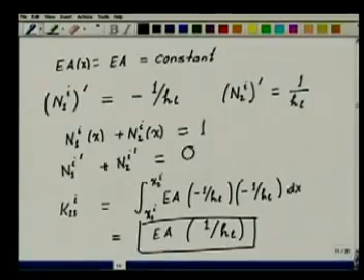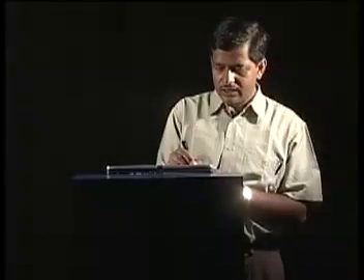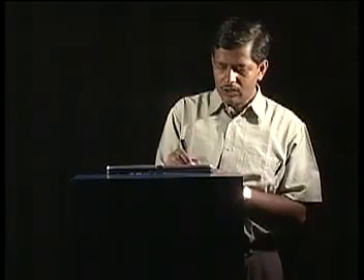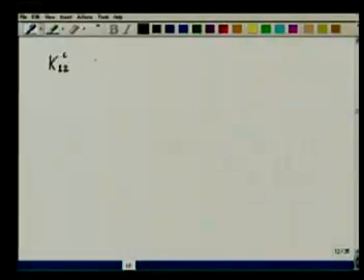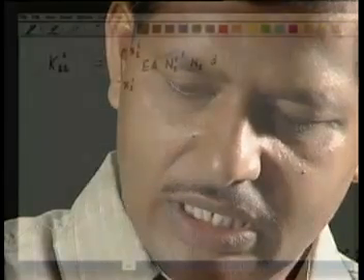So let us now calculate k12i. This will be equal to the integral from x1i to x2i of EA into n2i prime into n1i prime dx.